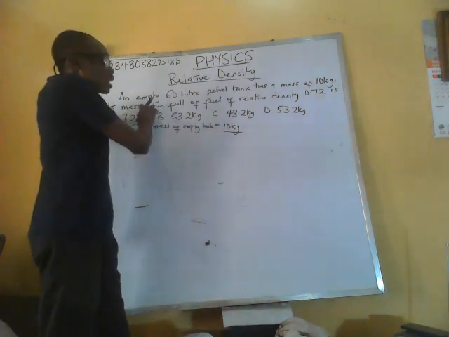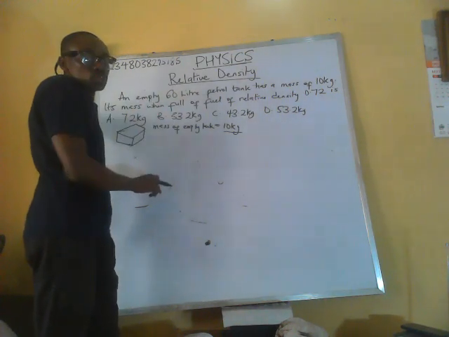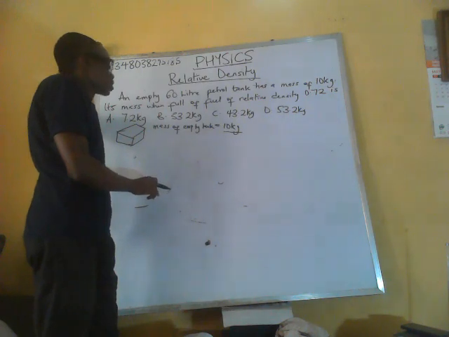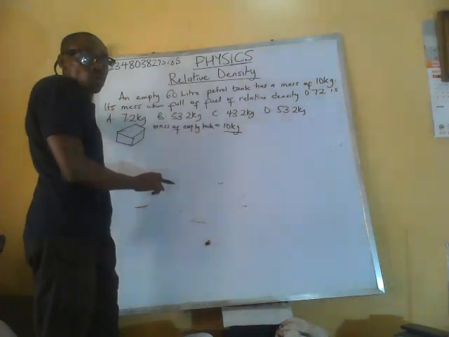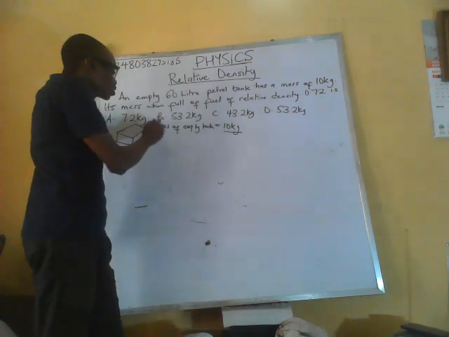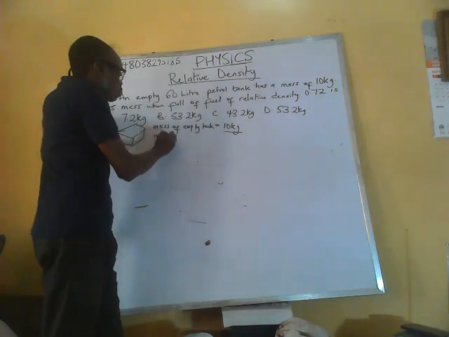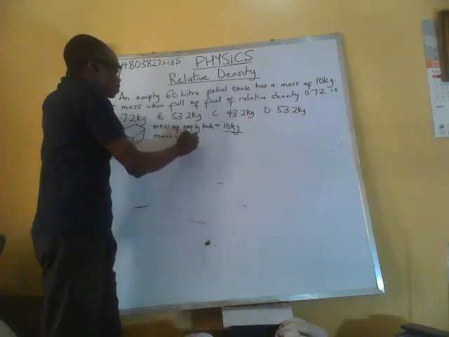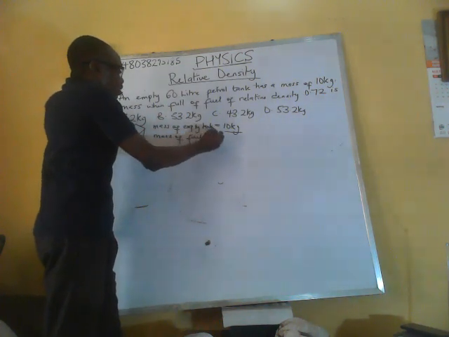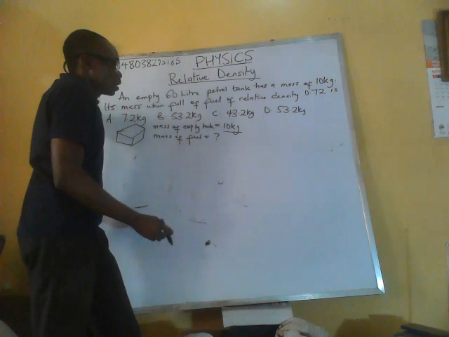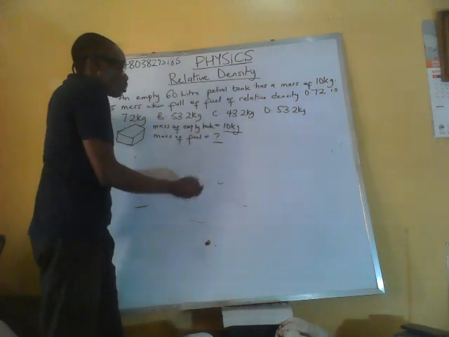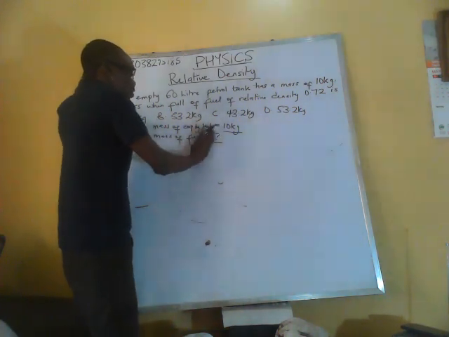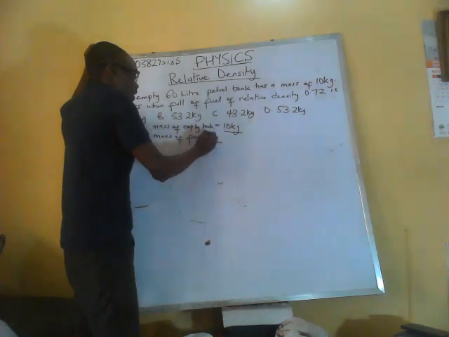So what will be its mass when it's full of fuel of relative density 0.72? All we need is to calculate the mass of the fuel. Mass of fuel is what we need to calculate. Let's call that M sub F.